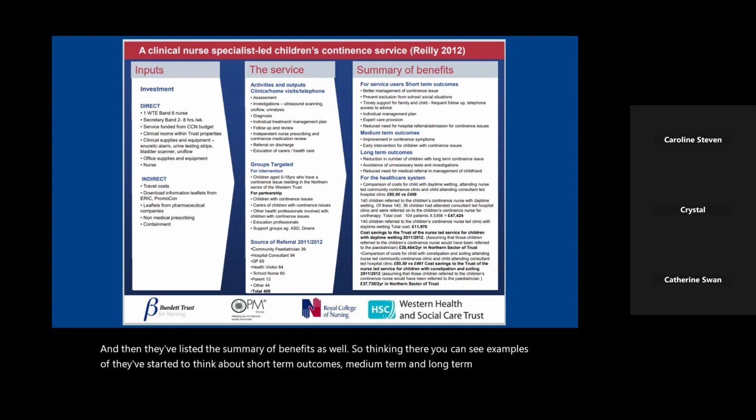Some of the long-term examples are the reduction in the number of children with long-term continence issues and avoidance of unnecessary tests and investigations. And for the healthcare system, they've given a breakdown of the comparison of costs for a child with daytime wetting and such like, and they've given the examples there.